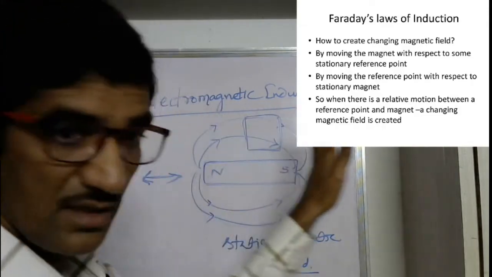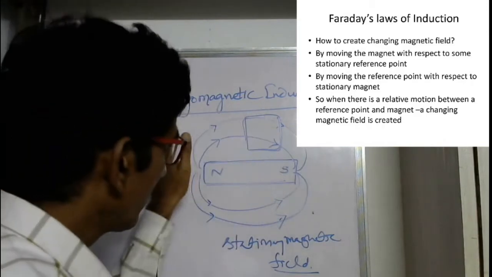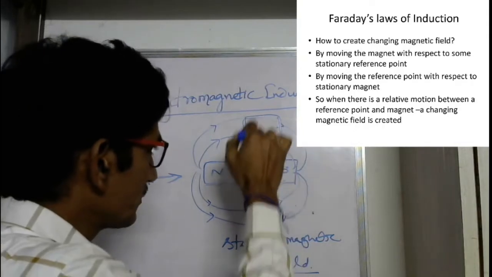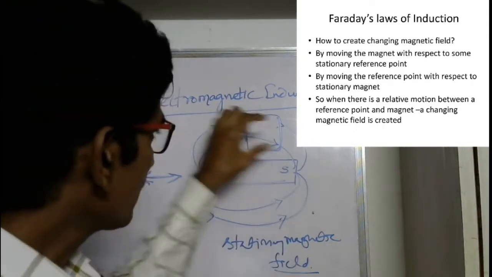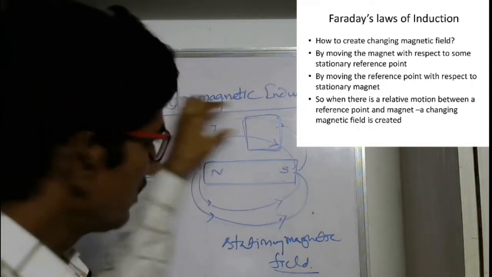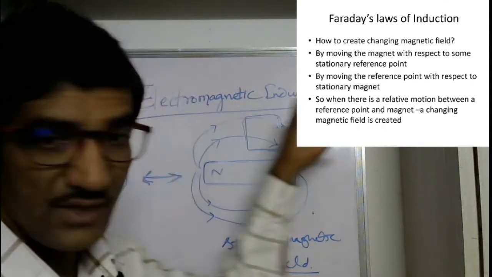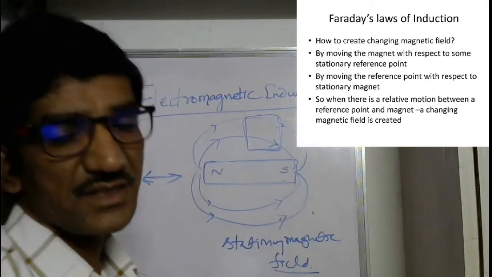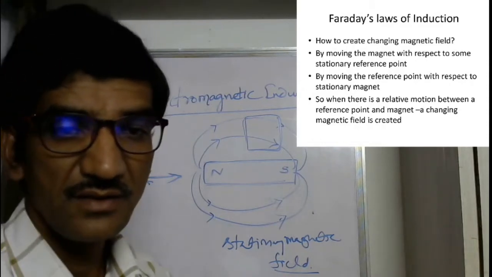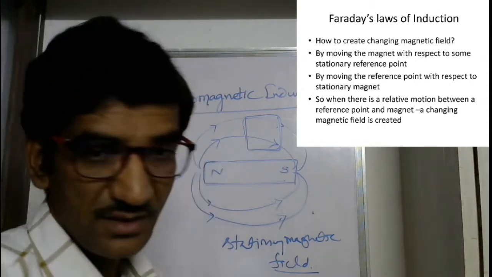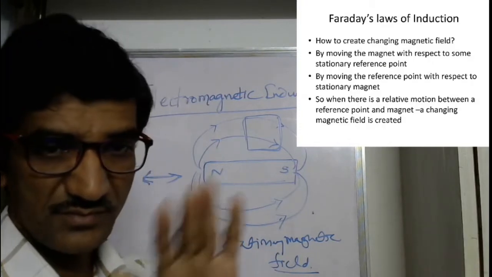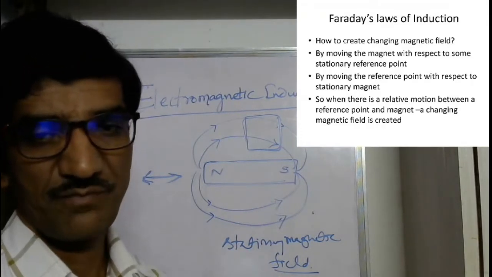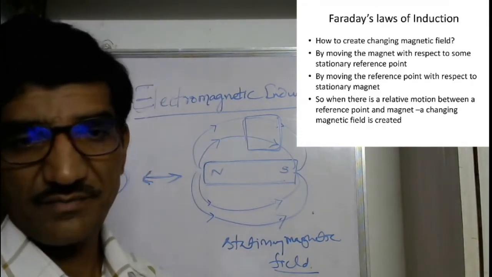You take a cardboard in the shape of a square or rectangle and move that cardboard in the area around this magnetic field. At one time it may intersect two field lines, at the other time only one field line. Then on that area under consideration, the magnetic field is still changing.